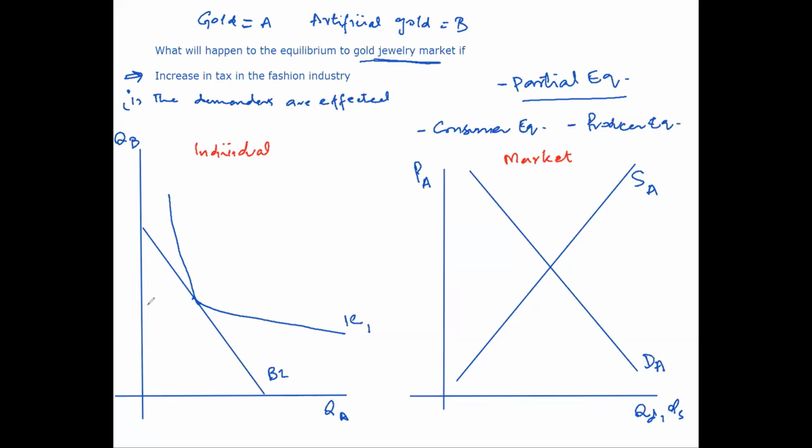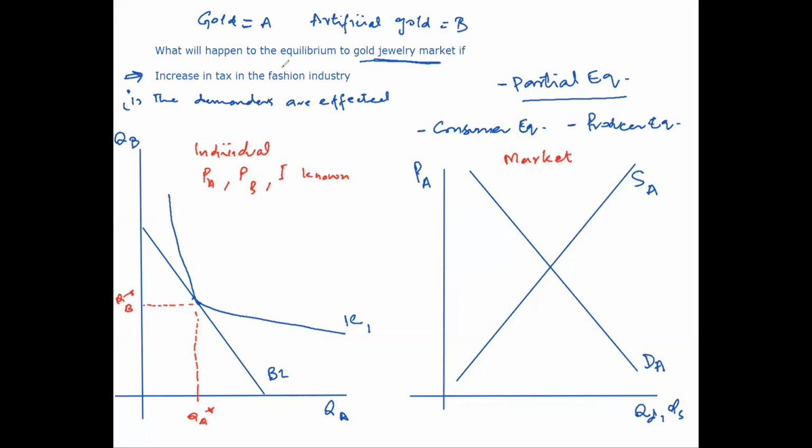This customer has decided that at the given prices of gold and artificial gold and the available income that he has, the prices of A and B and income are known to the individual. Based upon that, he has decided that he will buy this much of QA, let's call it QA star, and this much of QB, let's call it QB star.